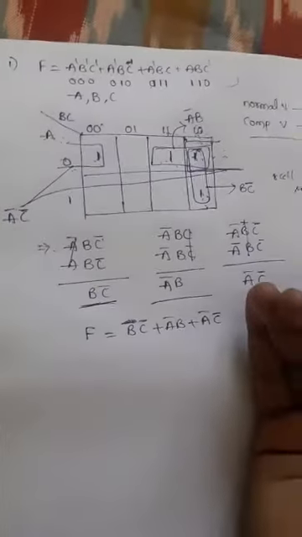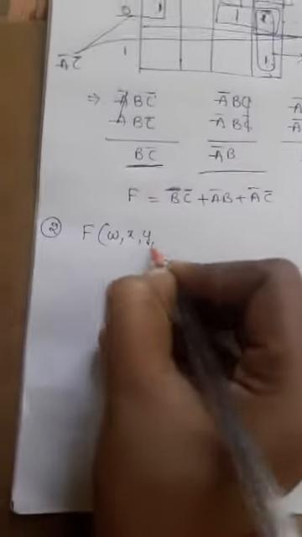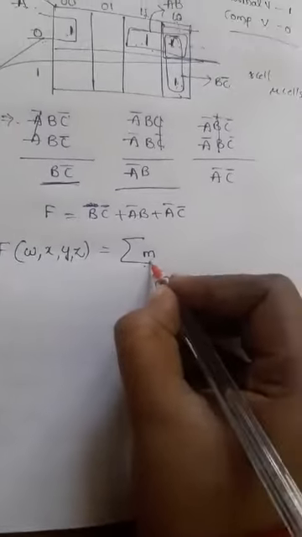First, suppose you are taking 4 variables, how to solve this? Then we take one more example for a 4 variable K-map. The problem may be considered like this: f of w x y z equals summation of small m, where small m is nothing but minterms.